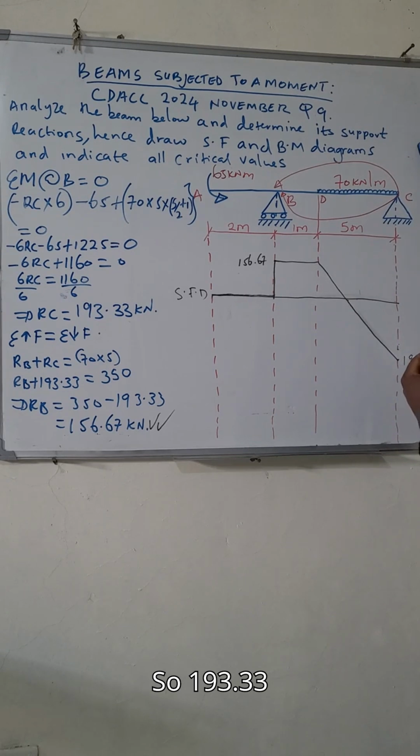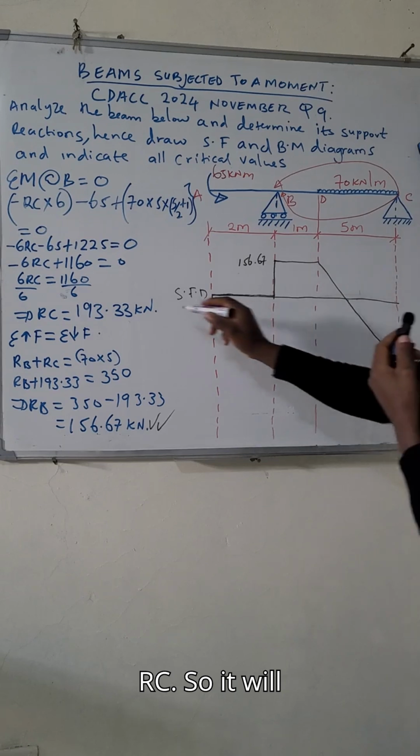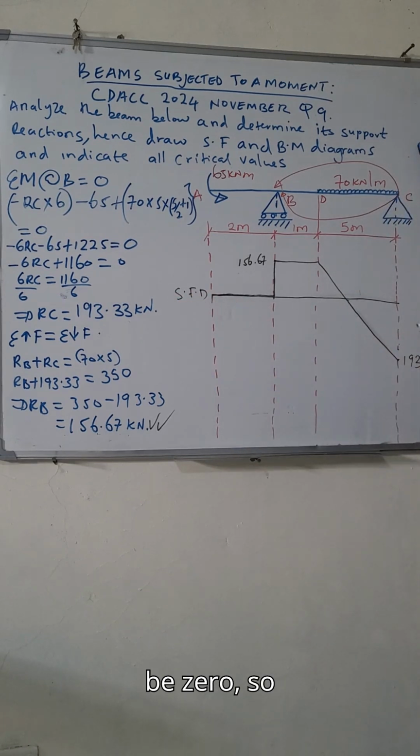So 193.33. And then negative 193.33 plus RC will be 0. So you go back to 0.